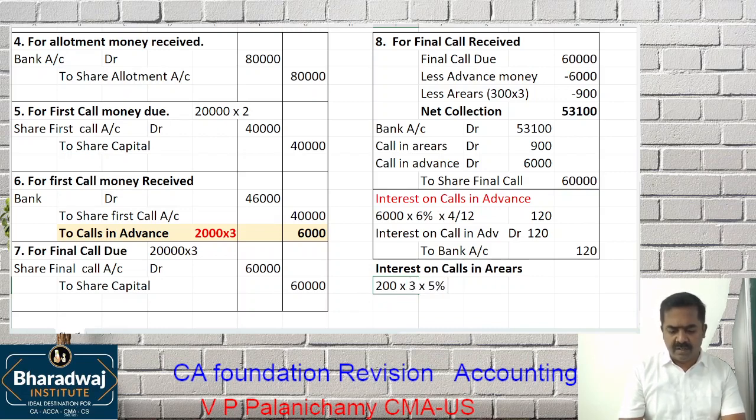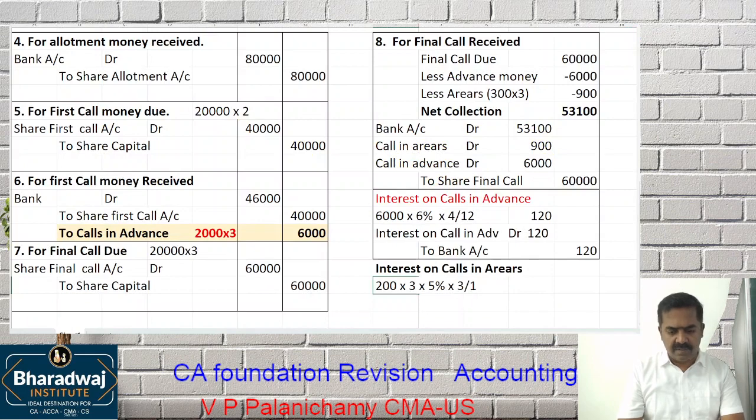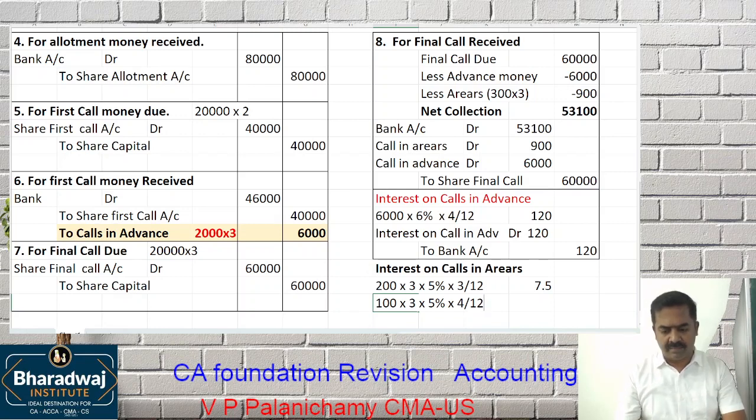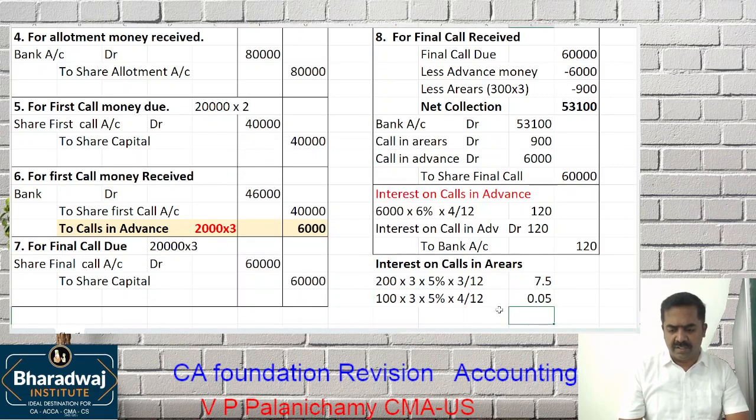What is the interest? 5%, paid after how many months? 3 months. 200 into 3 into 5% for 3 months. Then for the person holding 100 shares, 100 into 3 rupees into 5% for how many months? 4 months. For 4 months, you have to collect the interest on calls in arrears for the remaining shares.